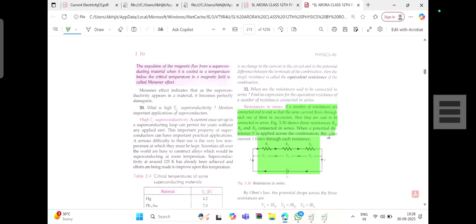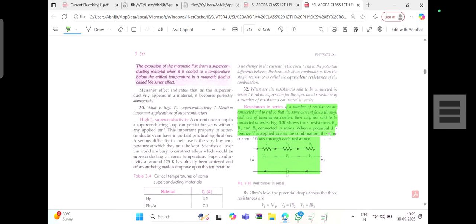When the same current flows through each one of them, R1, R2 and R3, this combination is called the series combination.